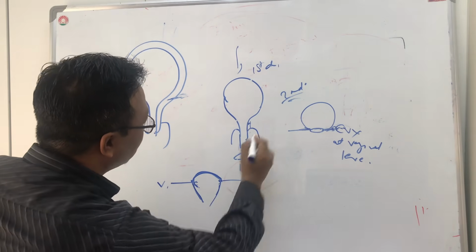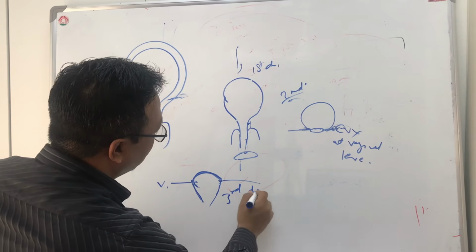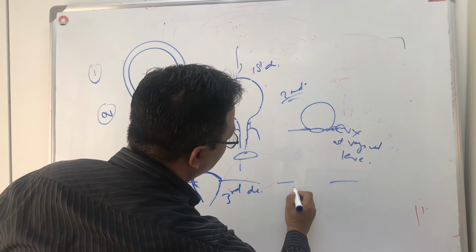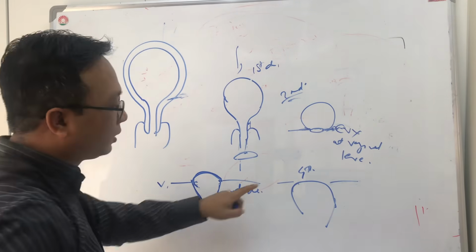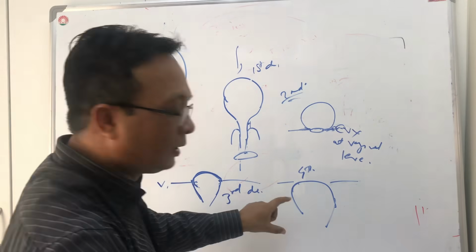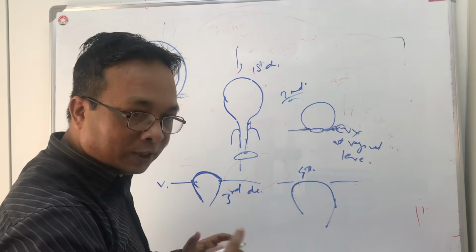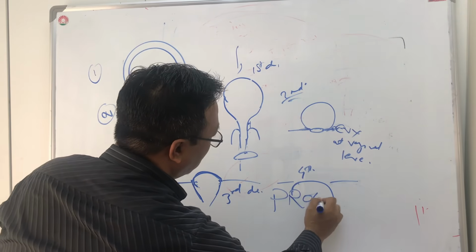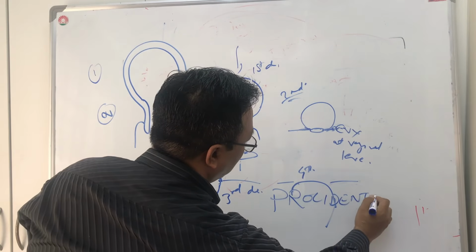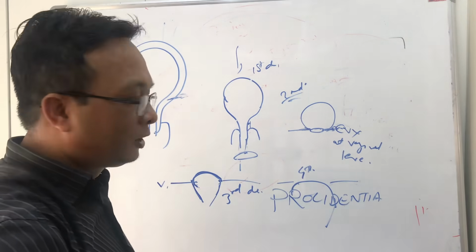This is third degree. And when the fundus also comes out of the vagina, this is fourth degree. Fourth degree uterine prolapse is also called procidentia.